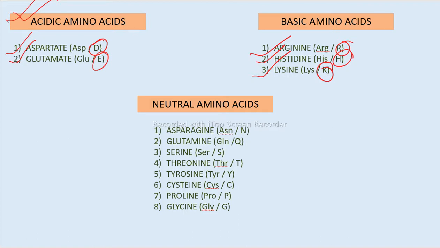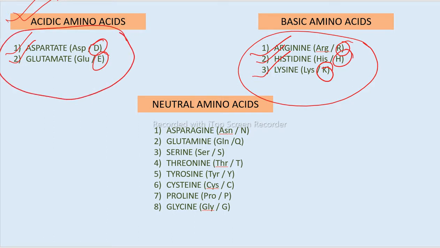Lysine, you have to remember, it starts with K. These three are also very important amino acids, so you have to remember all these categories. Arginine, histidine, and lysine belong to the basic amino acid category. That means they are positively charged. Aspartate and glutamate, that is DE, belong to acidic amino acids. That means they are positively charged. Sorry, they are negatively charged.